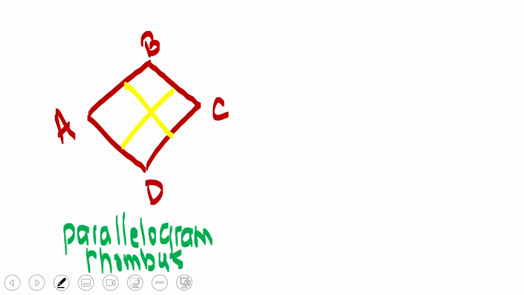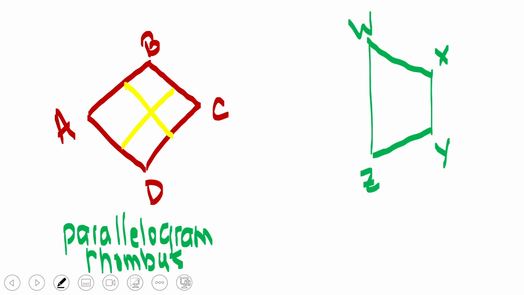All right, the next figure looks like this. It's a trapezoid turned on its side. So we have W, X, Y, Z, and we remember that we're going to evaluate this by looking at the sides. We have two congruent sides, this one and this one. It appears to be congruent. And then we have parallel sides, WZ and XY, parallel to each other.